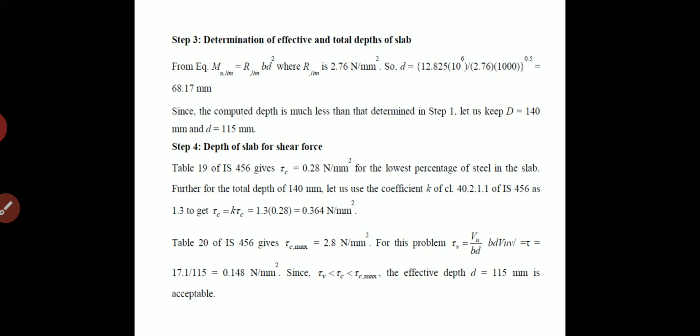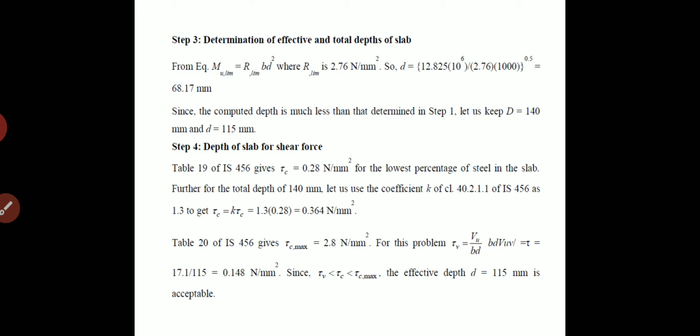Now tau v equal to Vu upon bd, which equals 0.148 Newton per mm square.